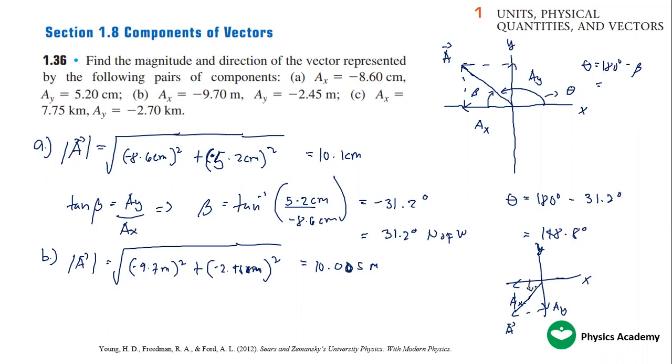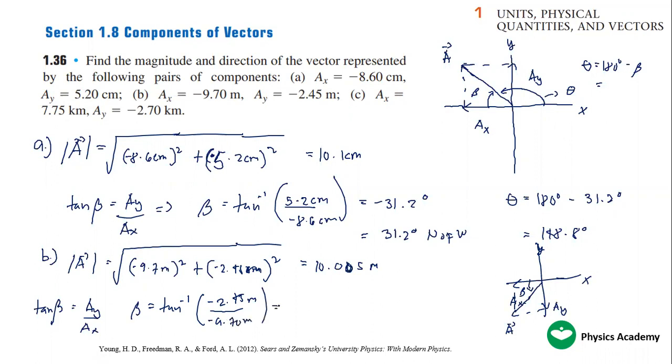If you want to find this angle here, beta, the tangent of beta is equal to AY over AX, where beta is just equal to tangent to the negative 1 of negative 2.45 meters over negative 9.7 meters.